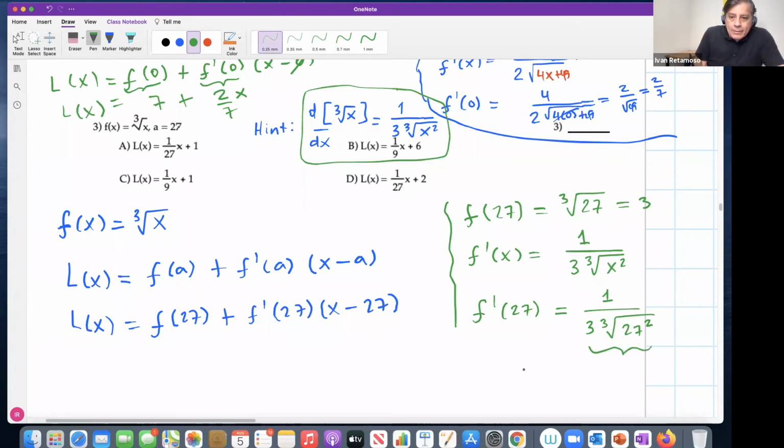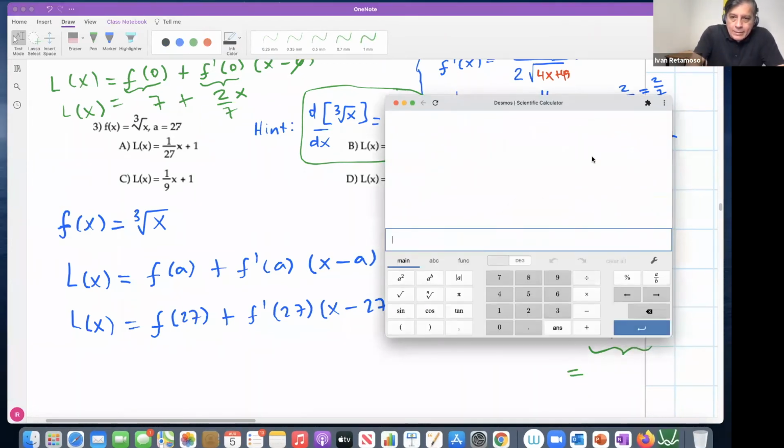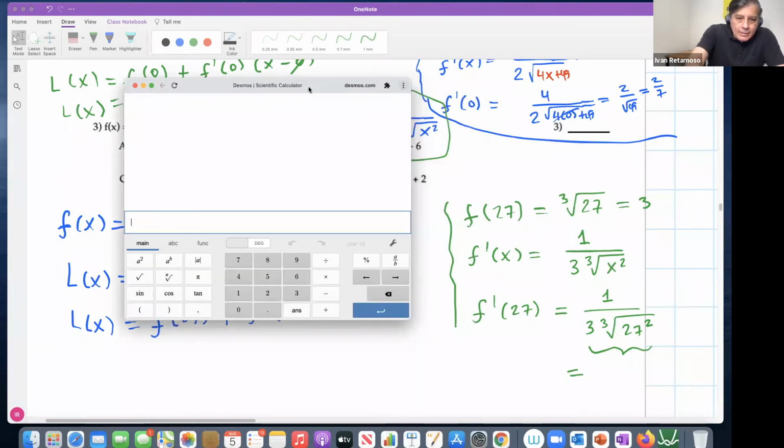A crazy number, right? So we can use our calculator. Cube root of 27 is 3, squared is 9, 3 times 9 is 27. 1 over 27 should be this. But again, guys, in case you cannot do this in your mind, just simply use the calculator, but properly. So 3 times cube root; for the cube root you have to place there the index of the radical, and then 27 squared.